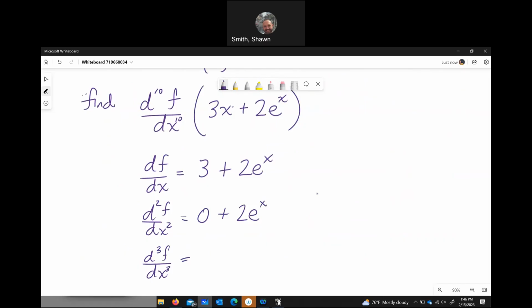Derivative of 2e to the x is 2e to the x. I could have said, what is the 100th derivative of f, right? You can see where it's going, right? Because each time I keep taking derivatives after the first derivative, it's always 2e to the x. So this is just 2e to the x.